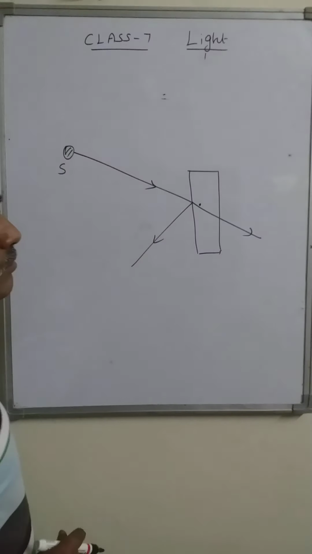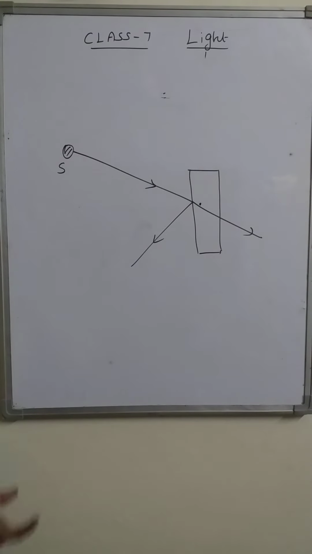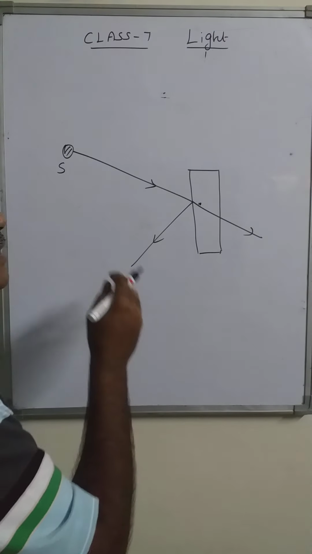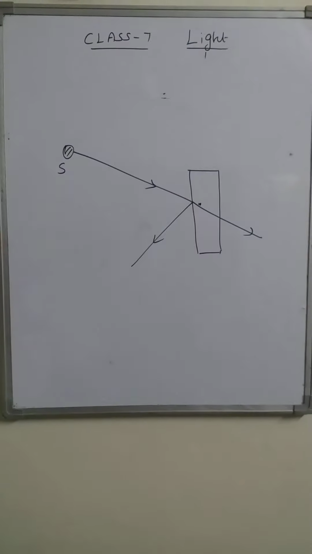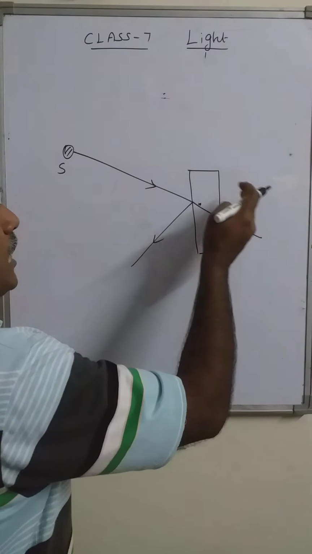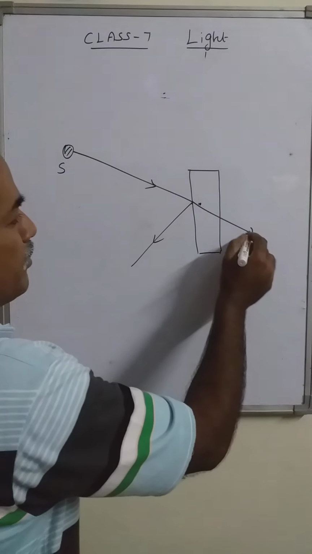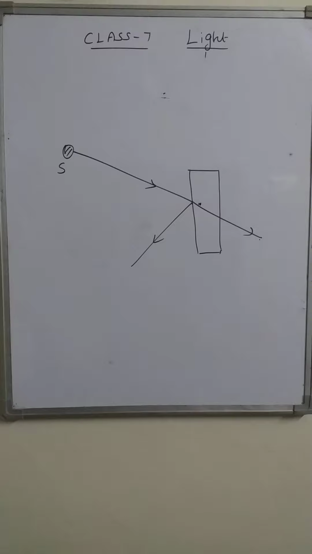Practically, the absorption of light by any surface is very small and negligible. After neglecting absorption, we have two things: part of the light is transmitted and the remaining light is reflected.